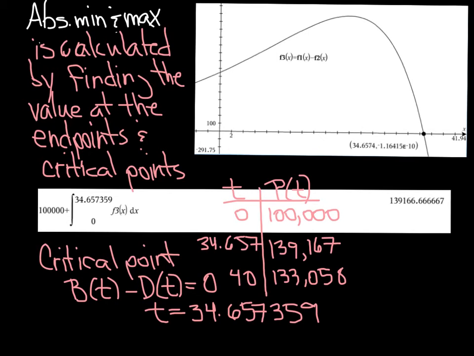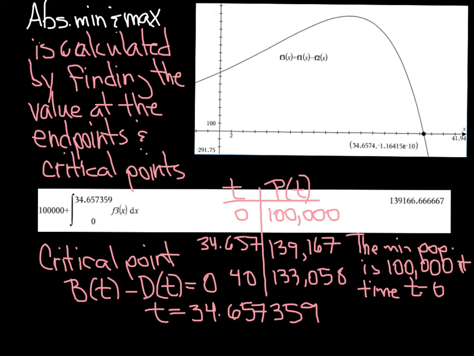So now I would write my sentence stating that the minimum population is 100,000 at time t equals 0. Now notice they asked for the population. They didn't ask when. They asked for the population.